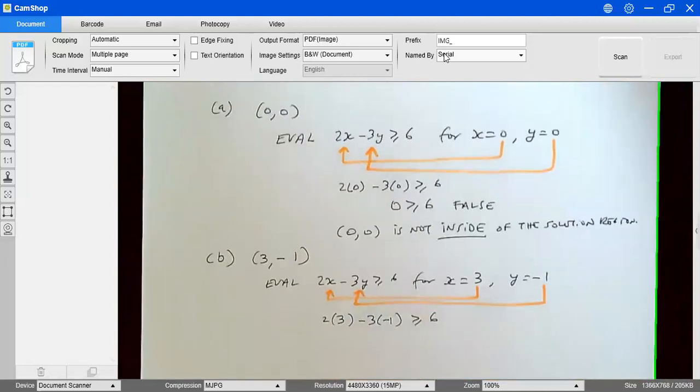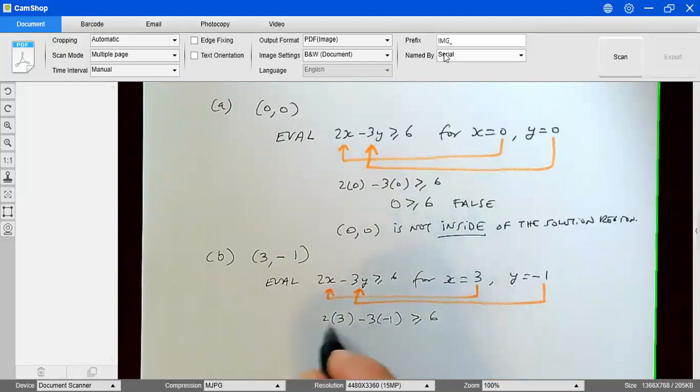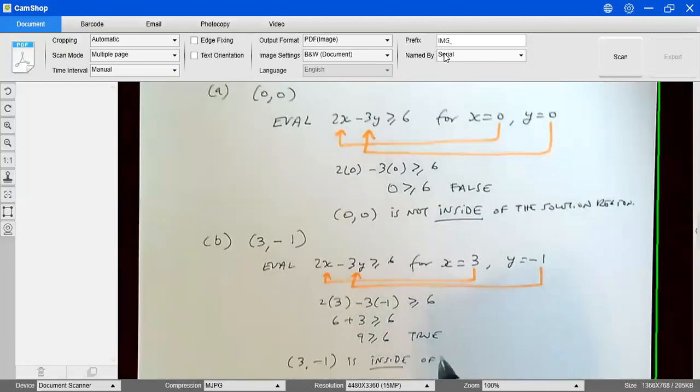Let's see if that's true. 2 times 3 is 6, and negative times negative is positive 3. So 9 is greater than or equal to 6. This is true. So that means that the point 3, -1 is inside of the solution region.